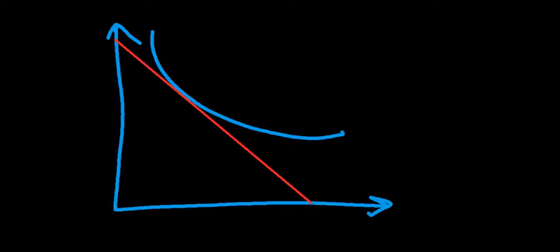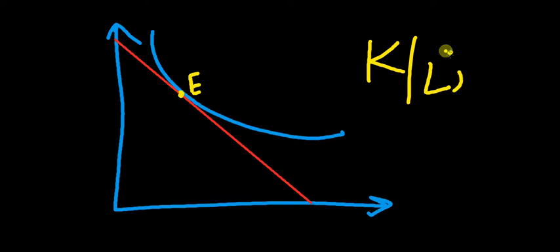And this is my equilibrium that I have. And suppose I go from a point like this to some other point, I know that not only the capital labor ratio changes, but also W by V changes, because the slope of this also can change.